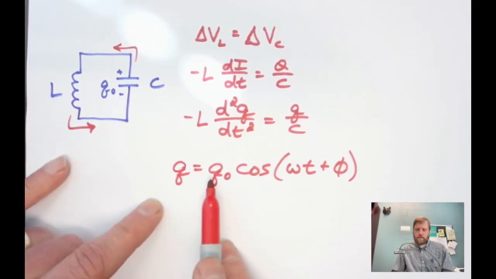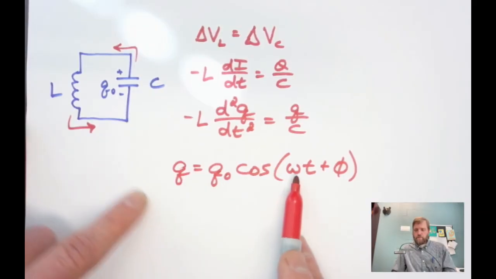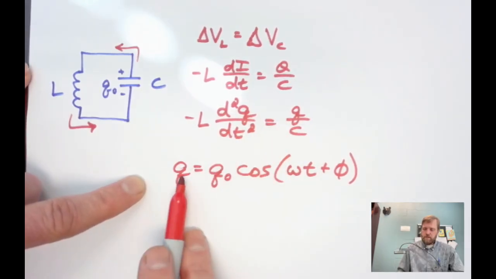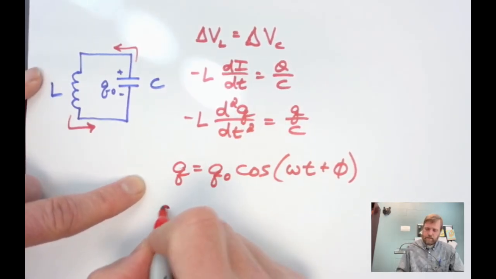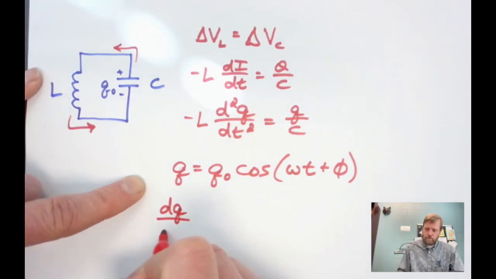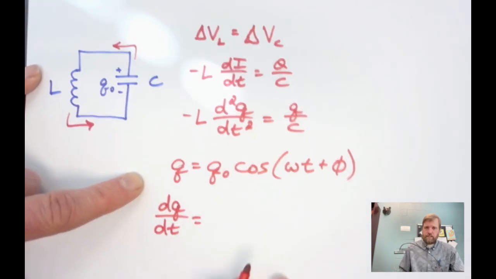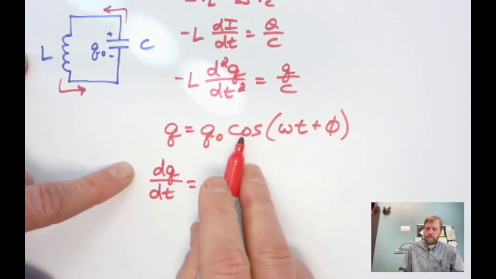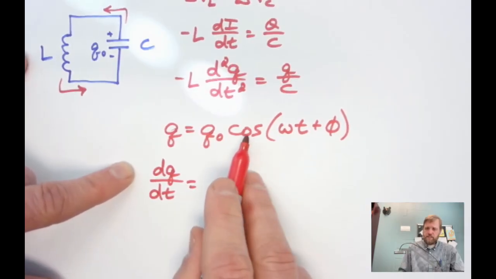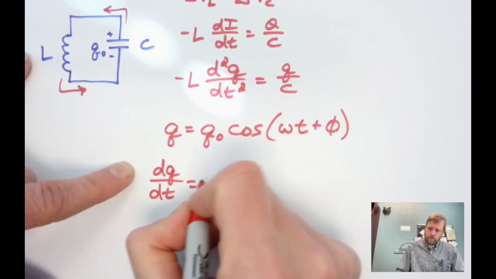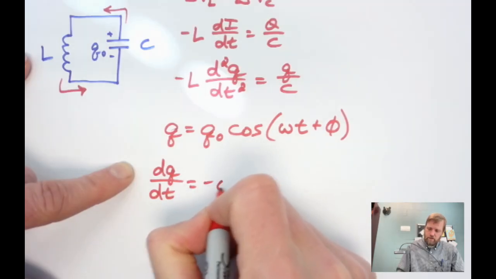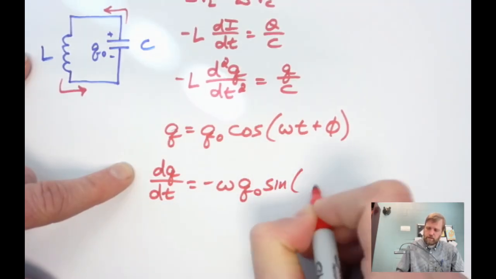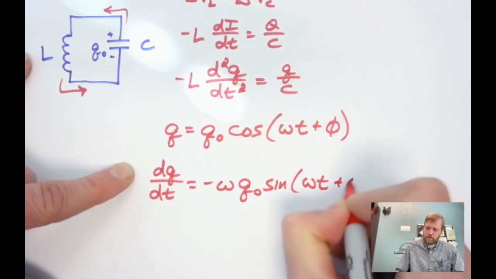All right, so let's figure out what omega is. We're going to just take two derivatives of this. So we'll take one derivative, dq dt. When I take one derivative, the derivative of the cosine function is negative sine. So I'm going to do a negative omega Q naught sine omega t plus phi.